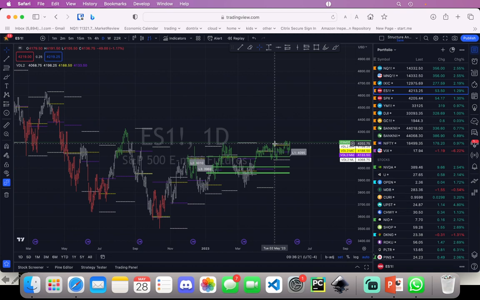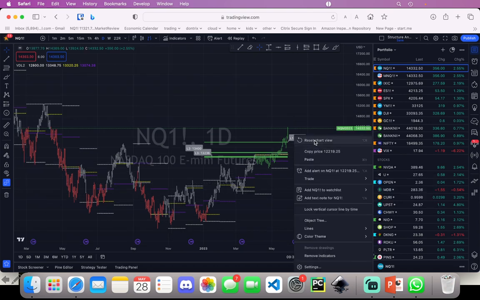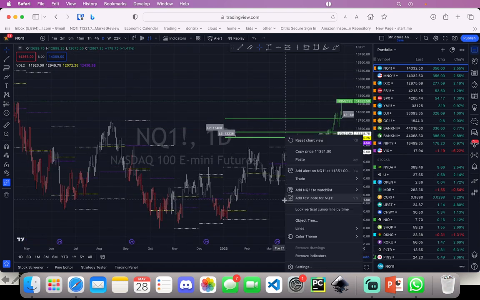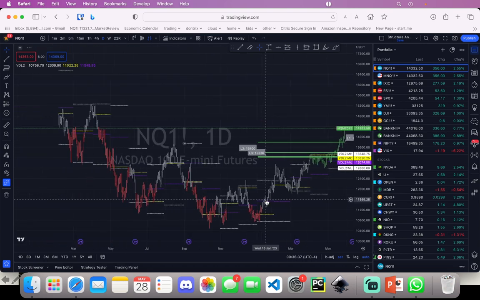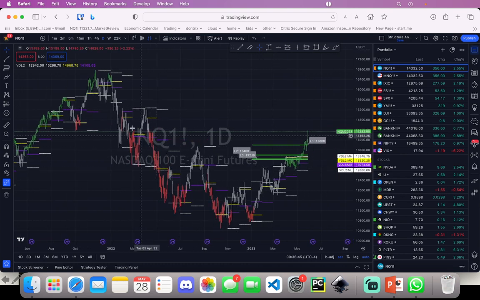But remember, as I said, it is not just S&P, right? Every other market has to align and confirm that pattern. If I go to Nasdaq, I don't see any of that pattern happening here. As you see here in Nasdaq, after this November 2021, I don't see any green candles throughout the way.